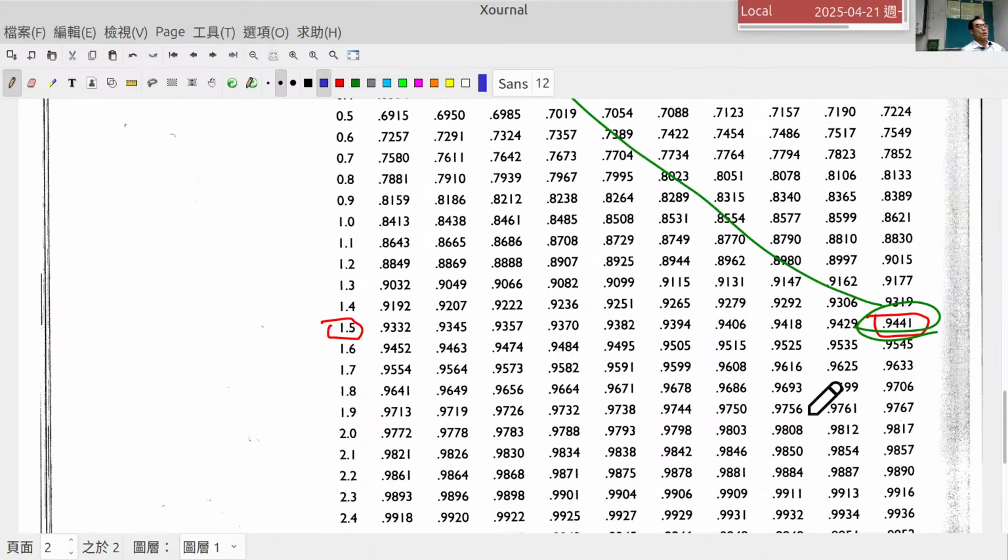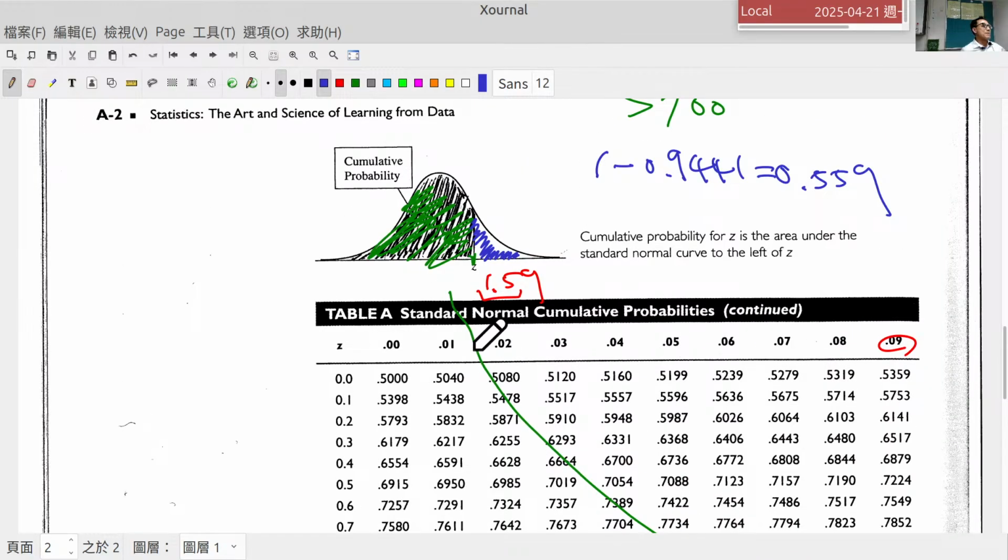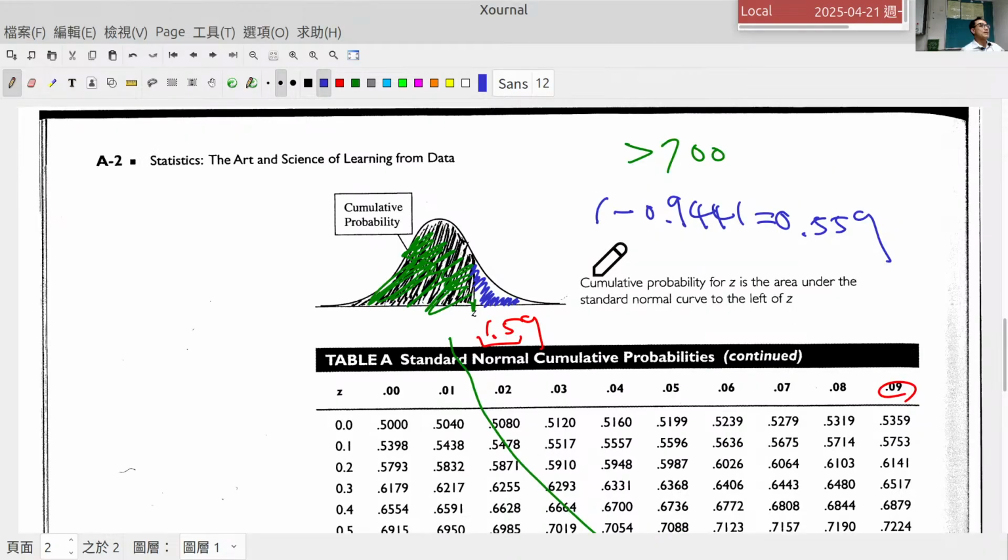But after we check the table, we got a number 0.9441. That is not our direct answer, because it means the area from the line to the left side is the green part, but we need the blue part. It's very easy.